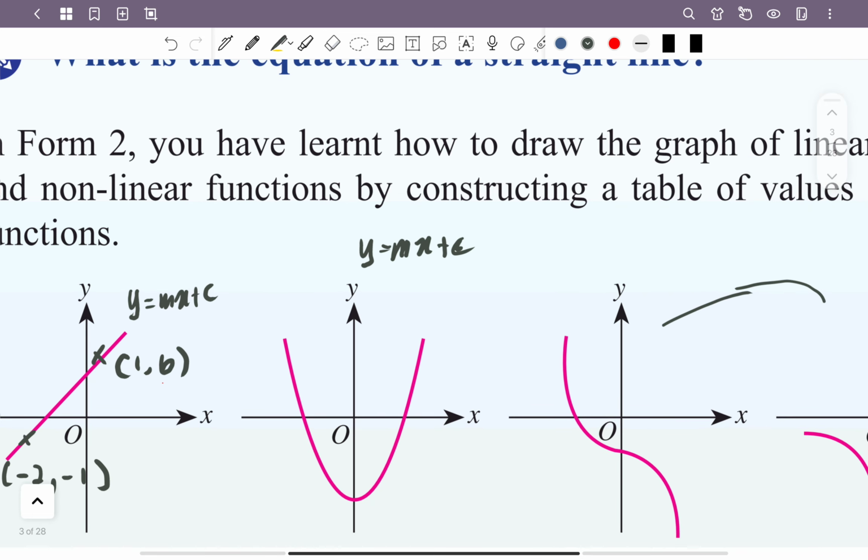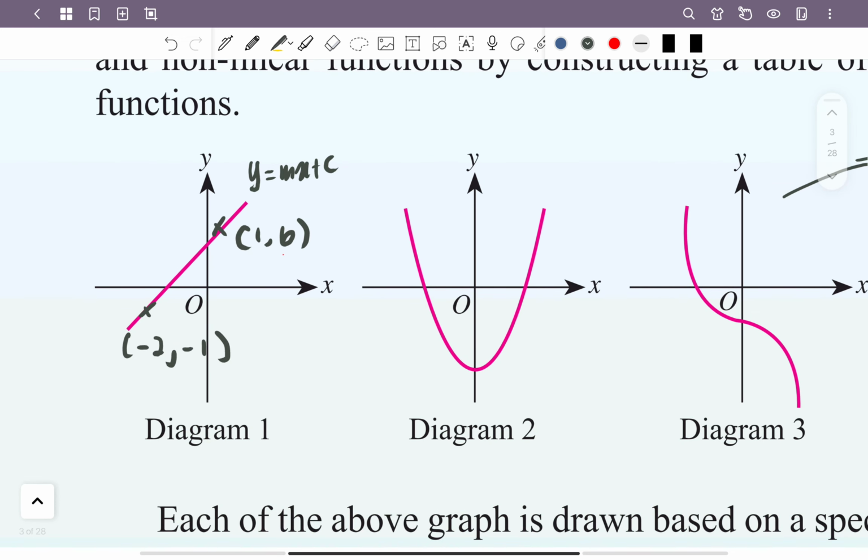We can find m actually. So okay, wait. For y, you can use whichever. You can use this y here or this y here. But if you use the y here, use the x here also. So let's say I use -1 and -2. Just substitute: -1 = m(-2) + c. Now I find m.